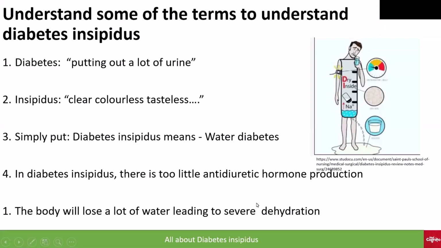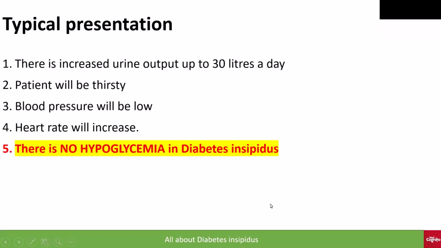And as a safe NCLEX nurse, remember that anytime you have a client with diabetes insipidus, look out for severe dehydration. So the client will be very thirsty, there'll be decreased skin turgor, there'll be dry mucous membranes. And yes, know the typical presentation. Increased urine output. Imagine about 30 liters a day. Client is so thirsty.